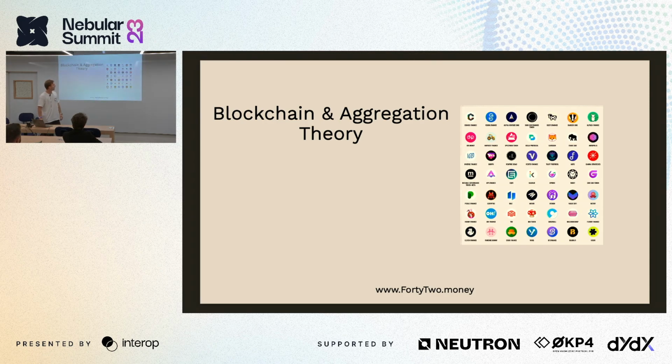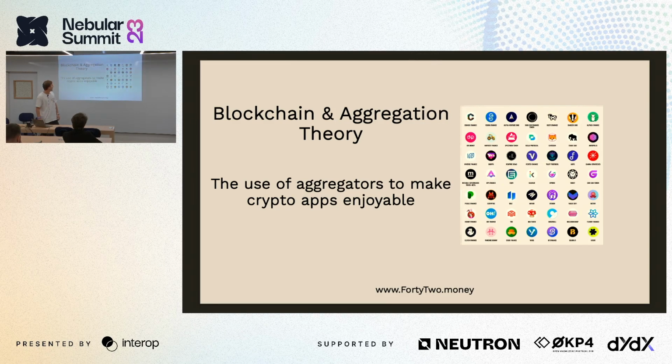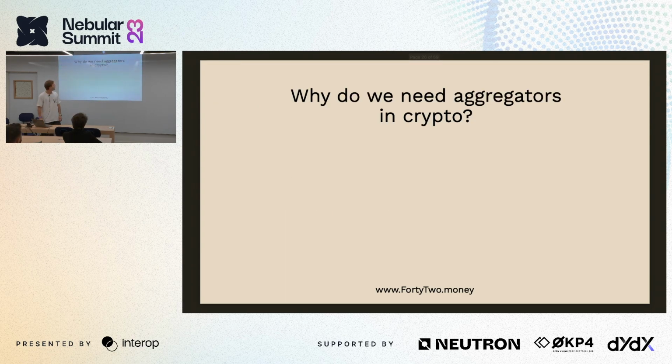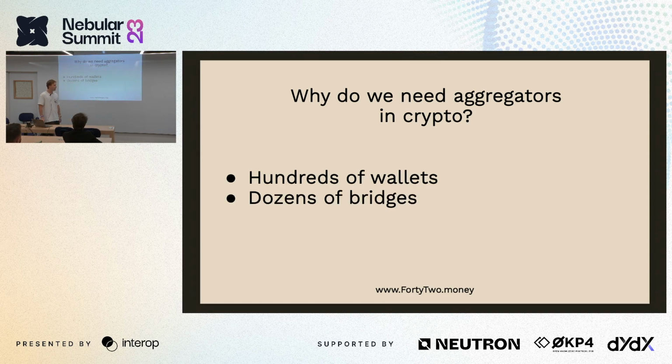So blockchain and aggregation theory: these are some of the aggregators which exist out there. And the point of them is to make crypto enjoyable for users and convenient once again. We need aggregators because right now in the market there are hundreds of wallets, and users are dealing with the complexity of all of that. There are dozens of bridges, so users don't really know how to transfer their funds around.